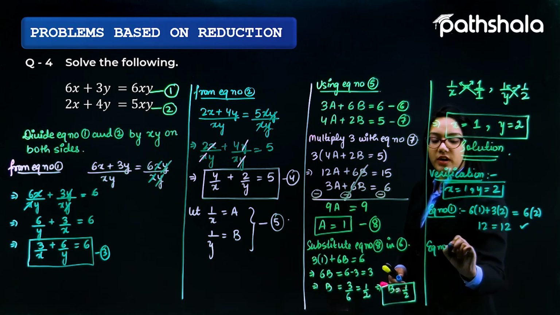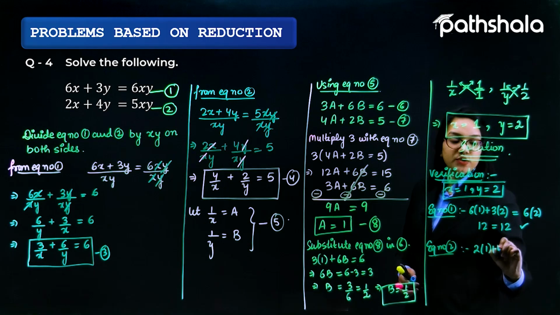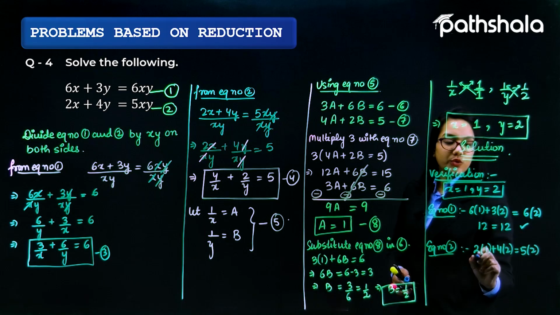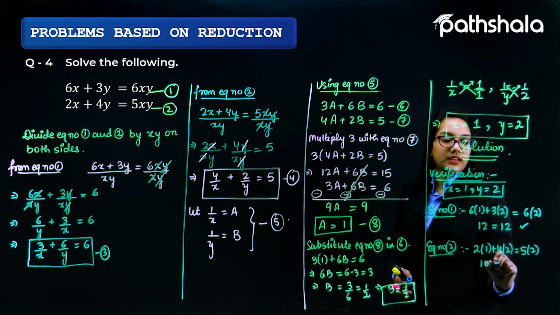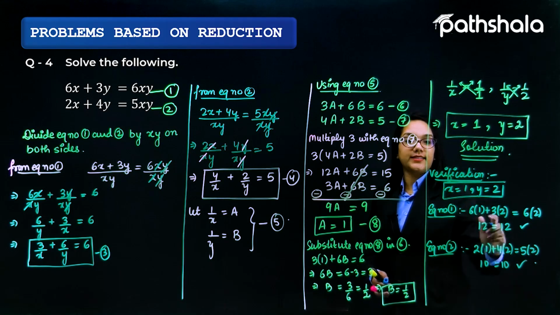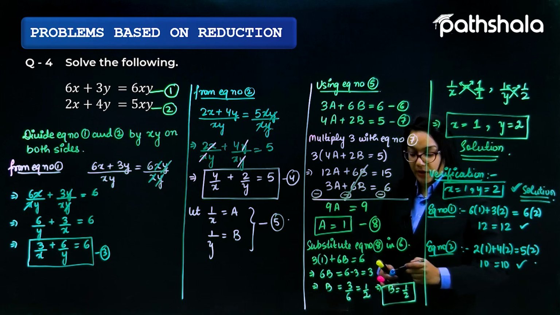If we are talking about equation number 2, this would be 2 into 1 plus 4 into 2, which is equal to 5 into 2. So this would be 2 plus 8, 10 is equal to 10, hence it is verified that x is equal to 1, y is equal to 2 is the solution for this particular pair of equations.